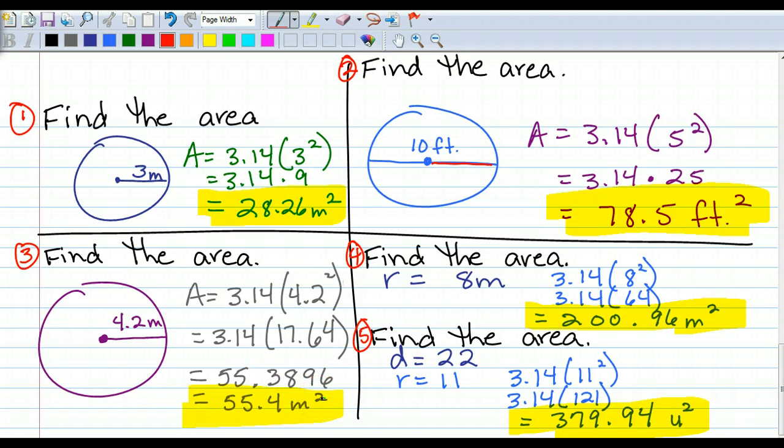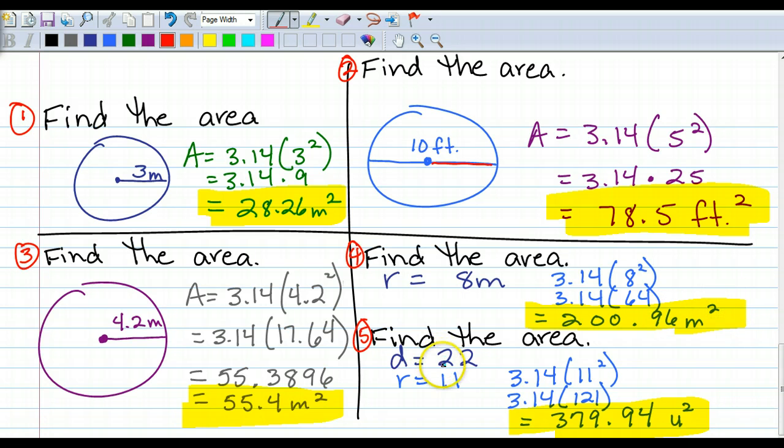Number 4, 3.14 times 8 squared is 8 squared is 64. So 3.14 times 64, 200.96 meters squared.